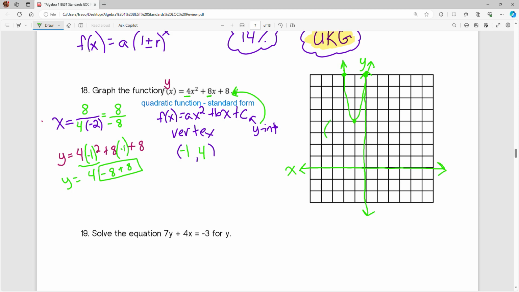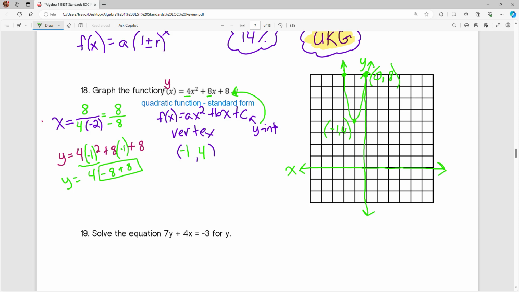And I'll just label negative 1, 4 for my vertex and 0, 8 for my y-intercept. And that's done.